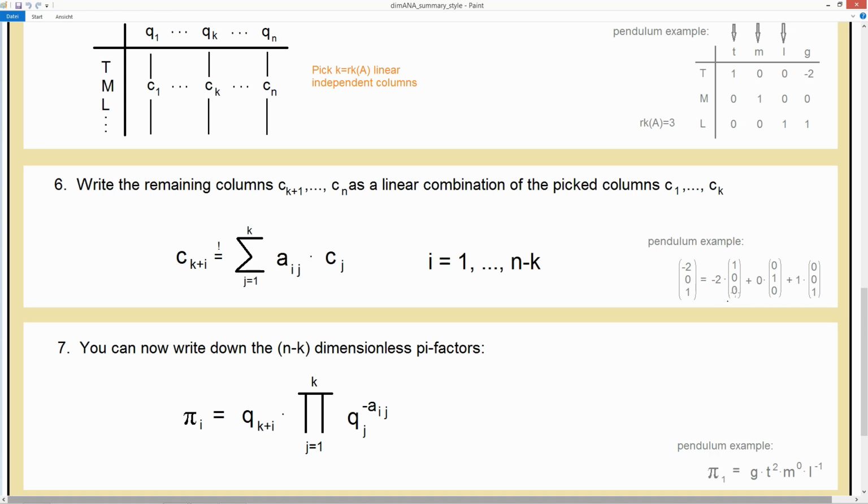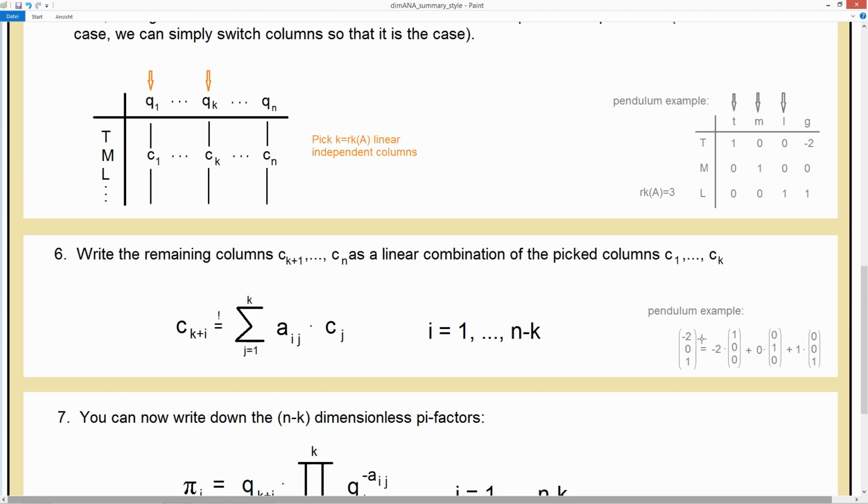So here we have written the last column as a linear combination of the first 3 columns. We are interested in these values here, a_ij. So in our example, -2, 0 and 1, because we will need these values in the next step.